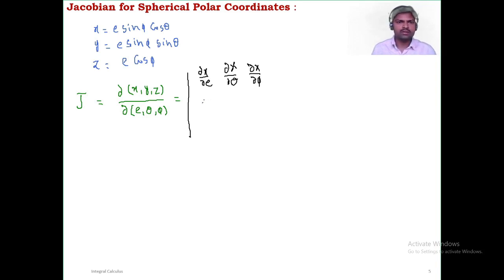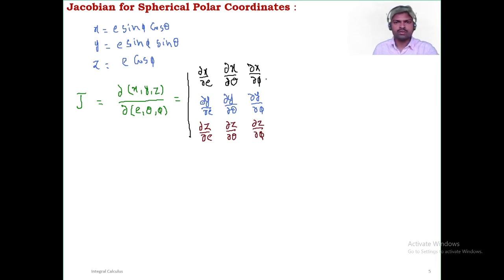Second row about y: dou y by dou rho, dou y by dou theta, dou y by dou pi. And the third row about z: dou z by dou rho, dou z by dou theta and dou z by dou pi.